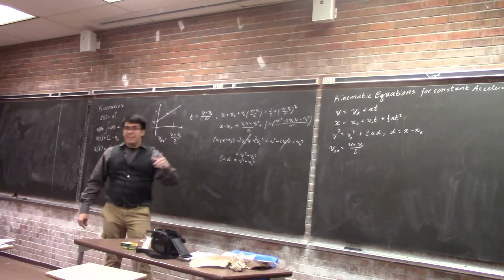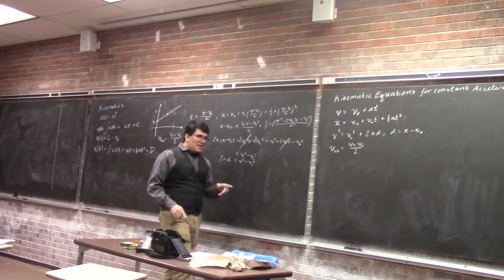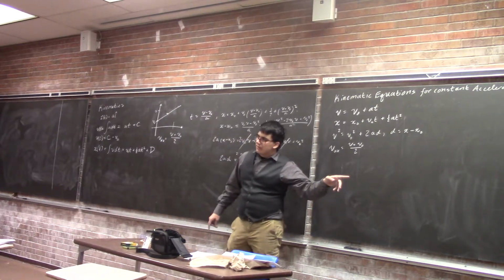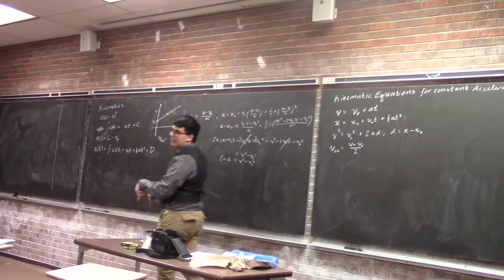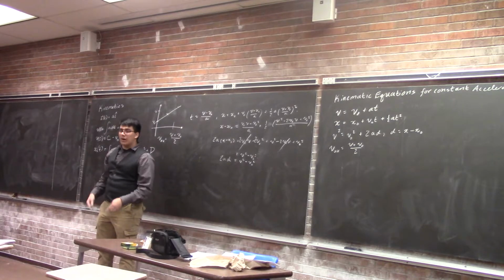That being said, now let's make a few modifications to these equations. Instead of acceleration being in the x direction, let's have gravity in the actual direction it is. I'm going to say this direction, down, up, it's y.